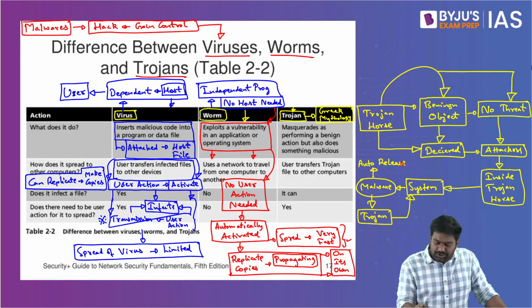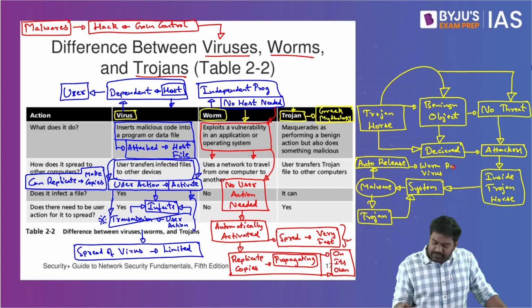Without your knowledge, the malware gets released. The malware could be anything. It could be a worm, virus, a ransomware, a spyware.